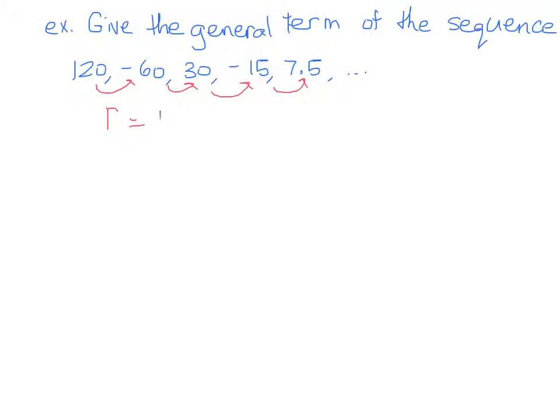So r is actually u2 over u1, which is actually going to be the same thing as u3 over u2 or u4 over u3.